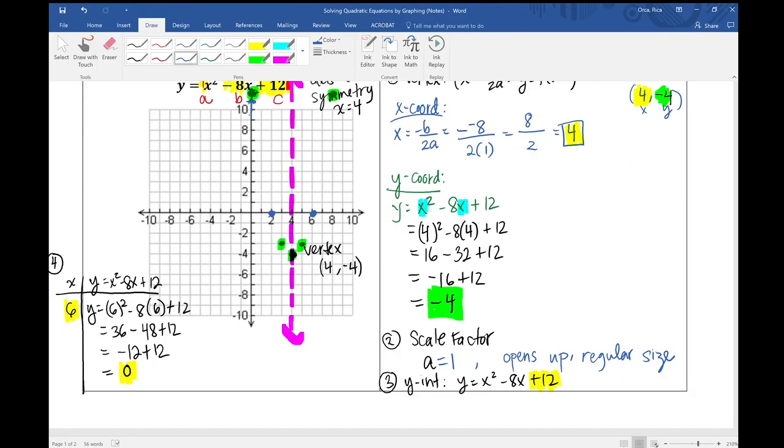Those 2 points represent our solutions. So let's draw our curve. I'm going to highlight our solutions, and then I'll go ahead and write out my answer. The solutions are x equals 2 and x equals 6.